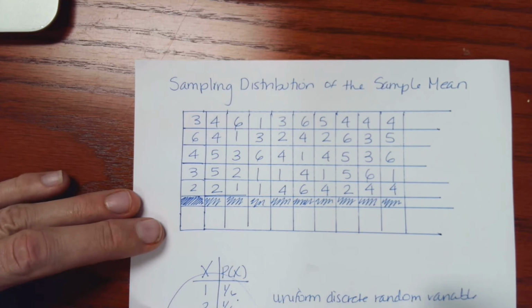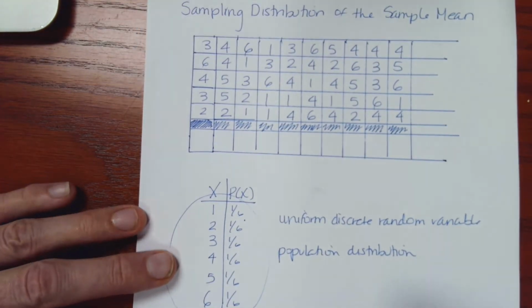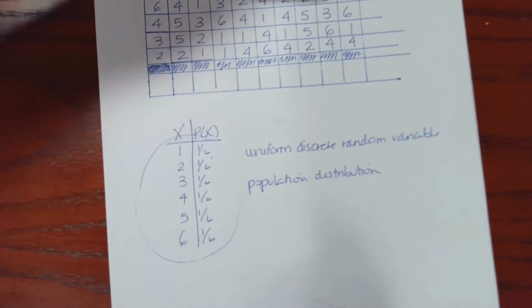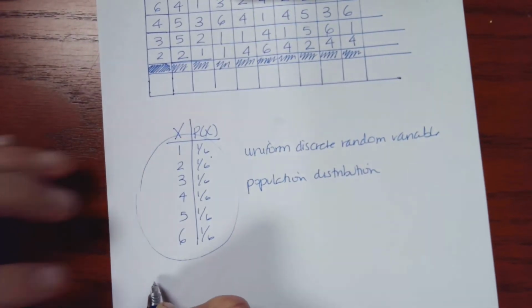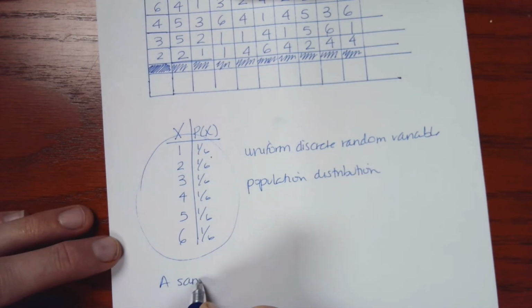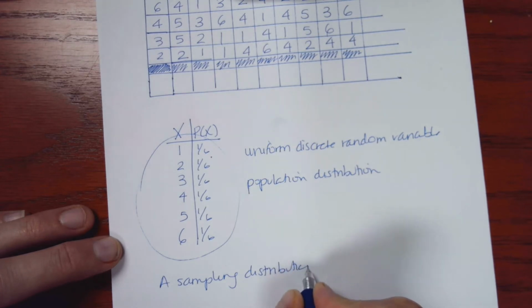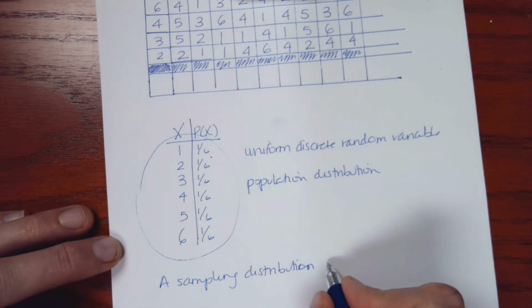All right, so in the section that's coming up, we're actually talking about something a little bit different, and it's called a sampling distribution. So a sampling distribution of a statistic.